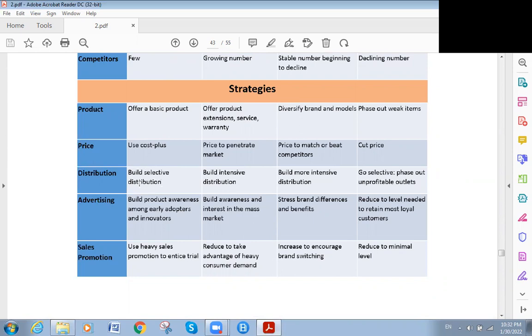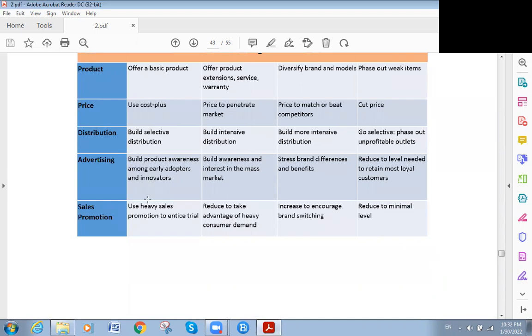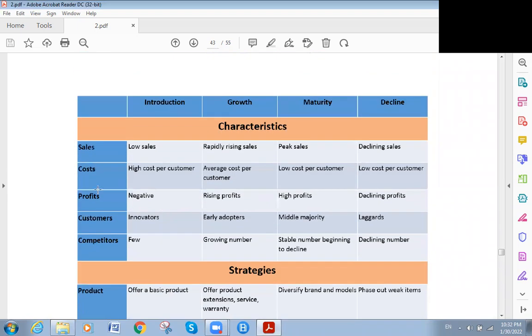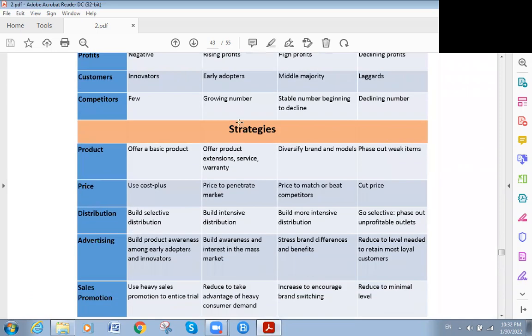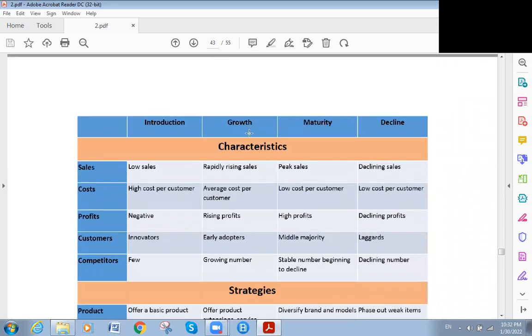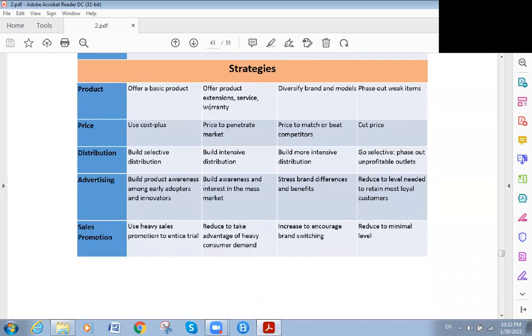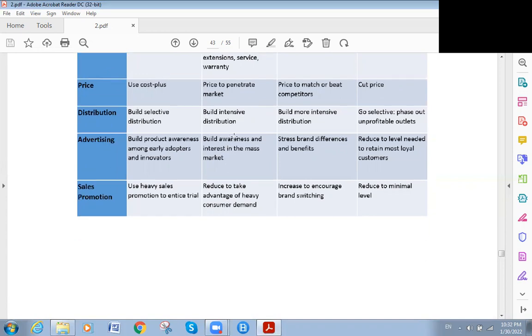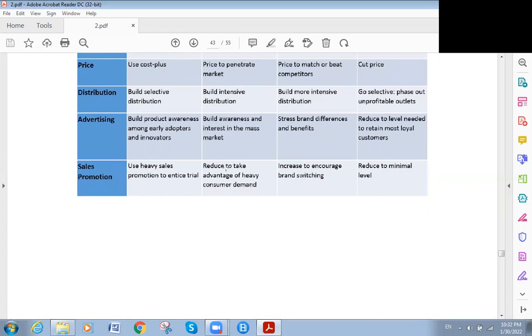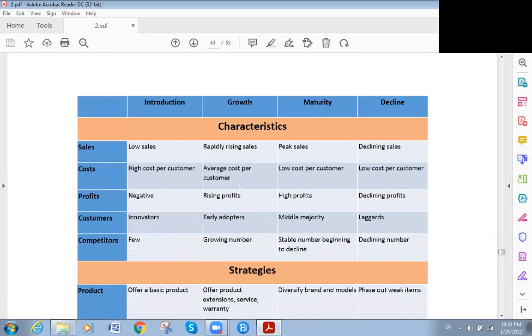Build selective distribution, build product awareness, use heavy sales promotion. That was in the introduction. How about the growth? What will be my strategy in the growth? In the growth, I will offer a product extension and service warranty. Price to penetrate the market. So I will try to penetrate the market, build intensive distribution, build awareness and interest in the mass market, reduce price to take advantage of heavy consumer demand.